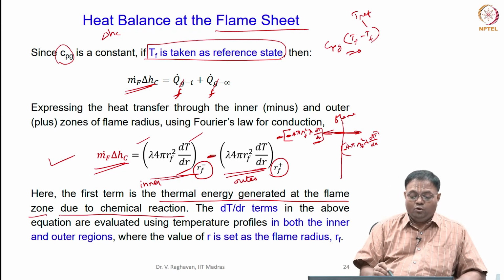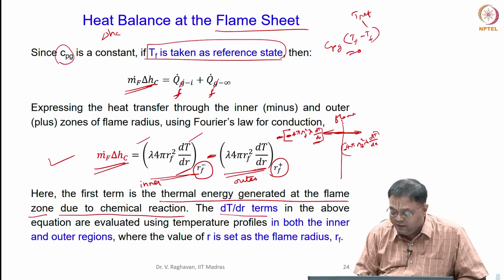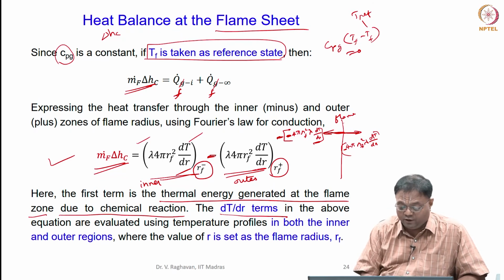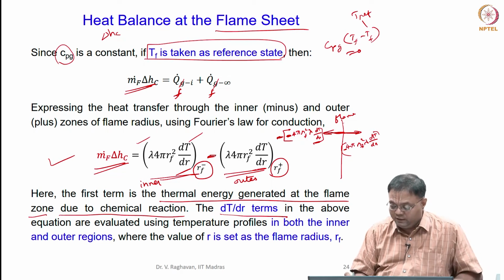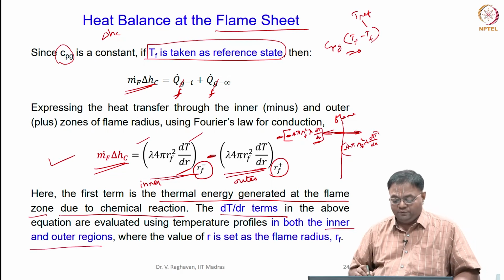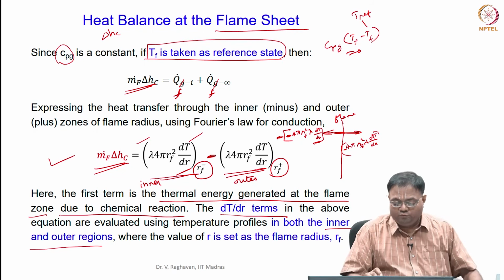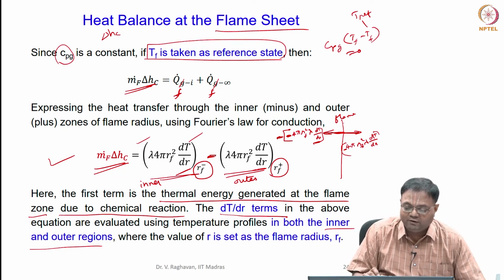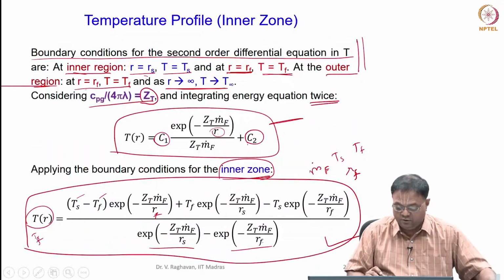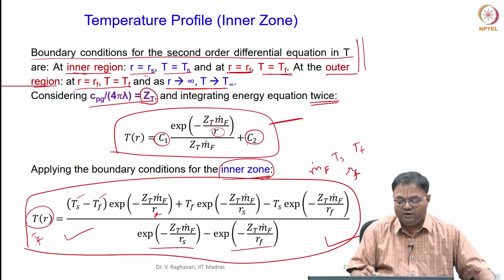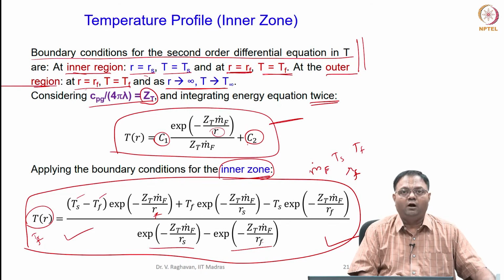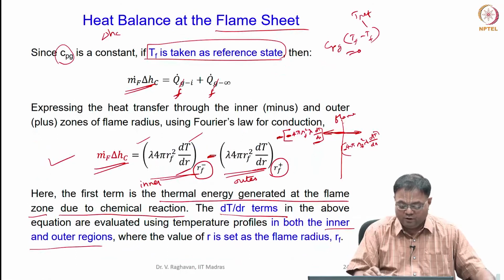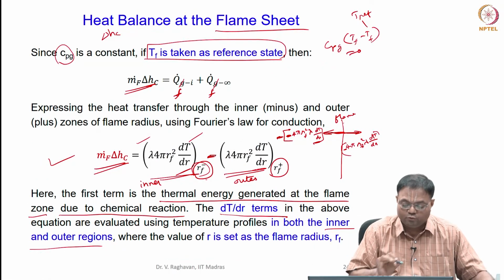Okay. So, now the dT by dr terms here are evaluated using the temperature profiles in both inner and outer regions first. For this value, dT by dr at RF minus, I will take the inner temperature profile, calculate the dT by dr and set R equal to RF and use this here, because at RF, no. So, set R equal to RF and use this here.